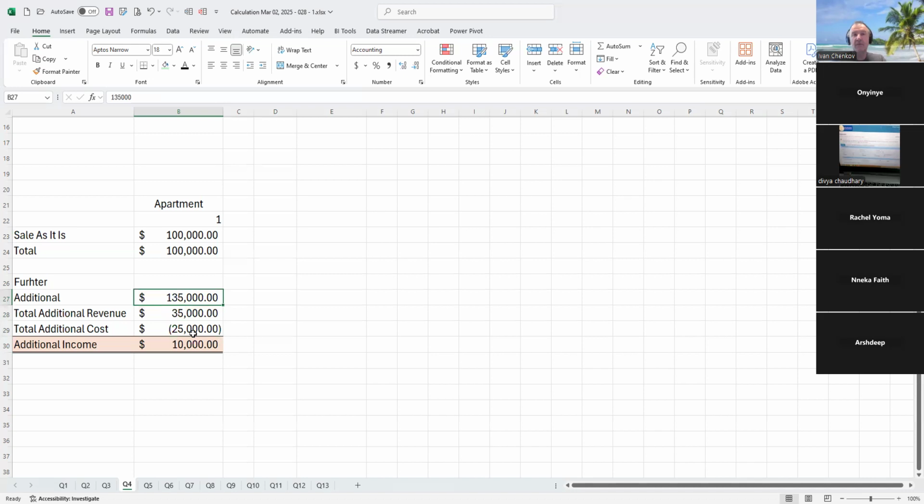And if you increase the market price by more than the cost, go for it. Make sense? Keep this in mind. If you have to save this Excel spreadsheet for yourself, save it.